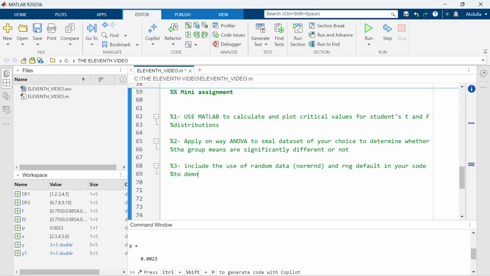Okay, so try rng, the random number generator, default in your code to demonstrate reproducibility, and explain how these tools help model uncertainty and validate results.